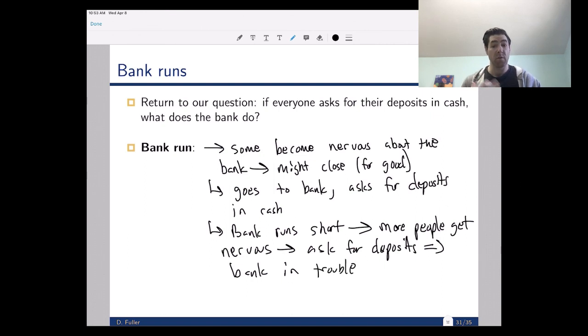And as this accumulates and accumulates, we've developed what we call a bank run, which is everyone shows up to the bank at roughly the same time and asks for their deposits back in cash, which the bank is then unable to accommodate. And so the bank starts trying to sell its assets and do what it can to raise cash to accommodate these requests, but it often would fall short in a bank run.